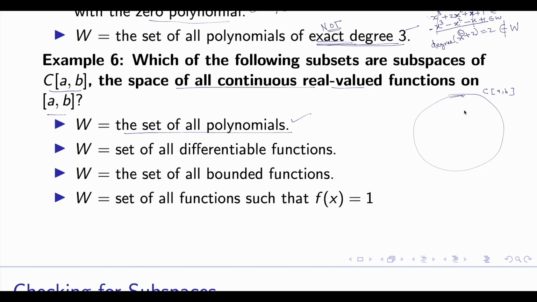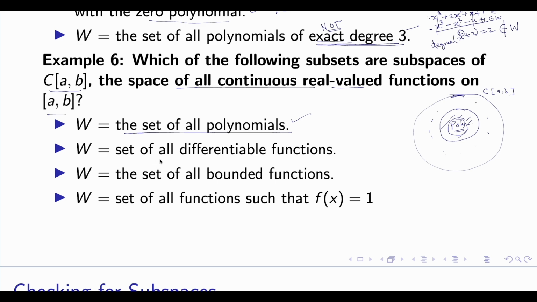The smaller space is polynomials, which are differentiable of any degree, right? A differentiable function is always in a smaller space of continuous functions because some functions need not be differentiable, though they are continuous. So polynomials are always differentiable, so this is a smaller subset, right?